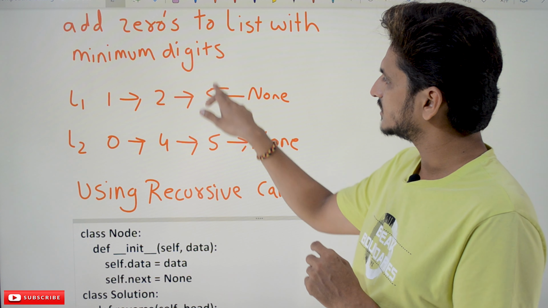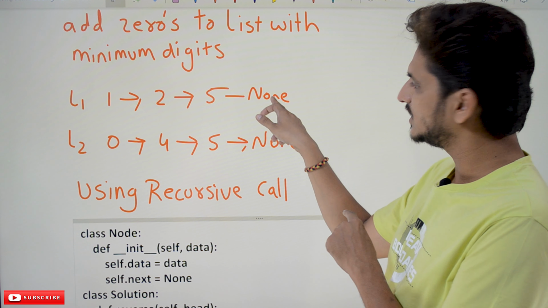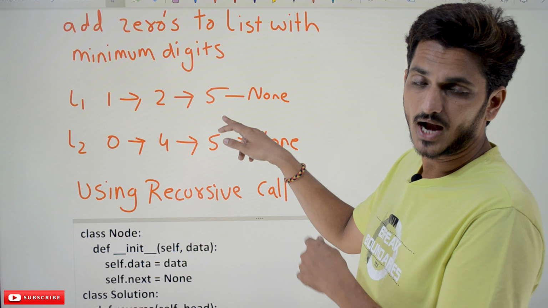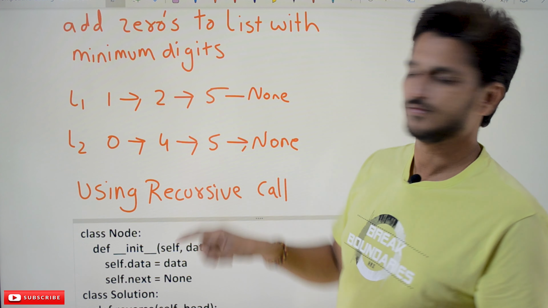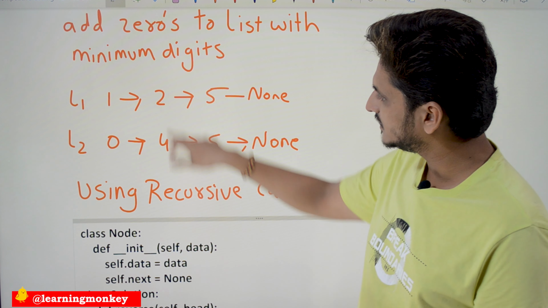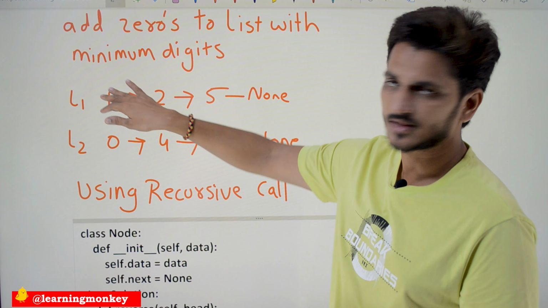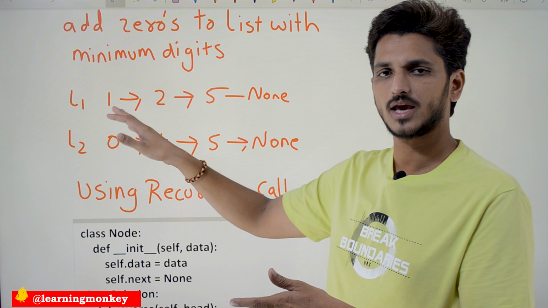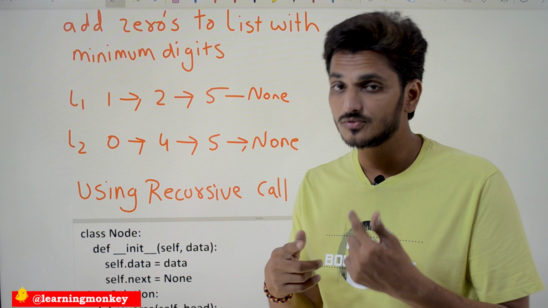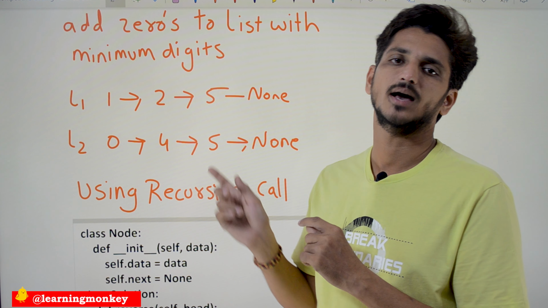Whenever you see none, from then onwards keep on adding these two values and return the carry value back. Add this to the carry, and return back the carry. If there is one, return back the carry, otherwise 0 should be returned. So using recursive function calls also you can solve this example.